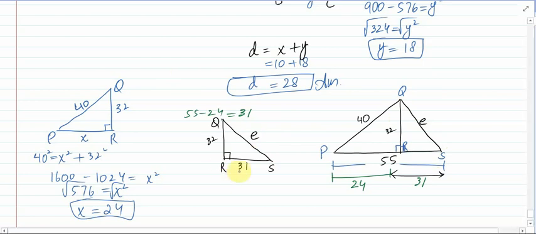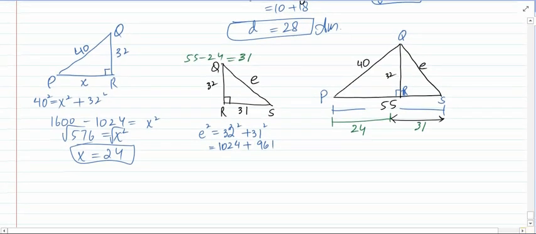Now you know in a right angle triangle you can use Pythagoras, so it will be E square equal to 32 square plus 31 square. So 32 square is 1024 plus 31 square is 961. If you add these two values, it gives you 1985, and at the last you need to apply a root on both sides, so it will be 44.5.